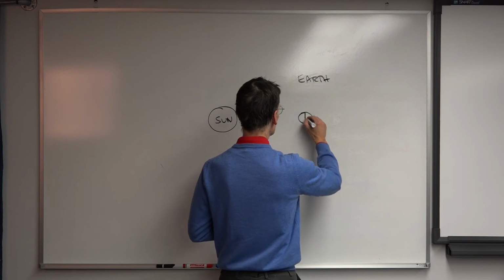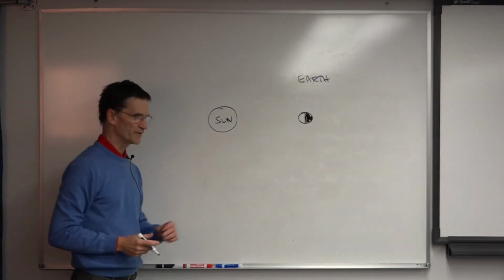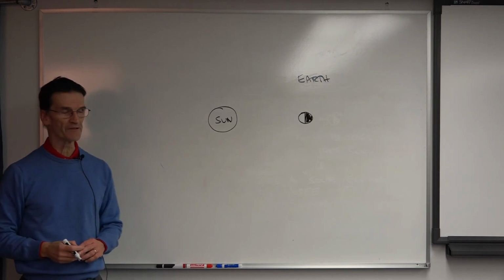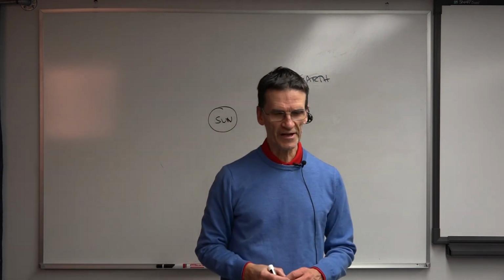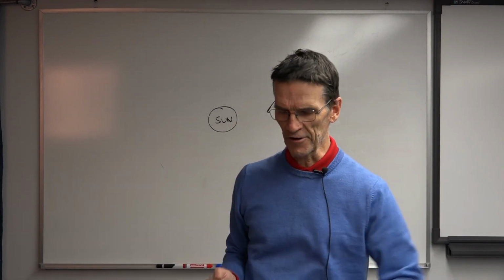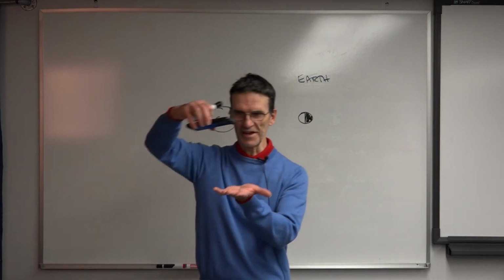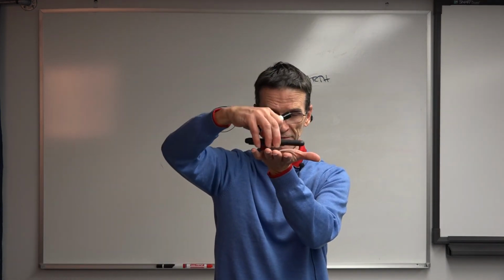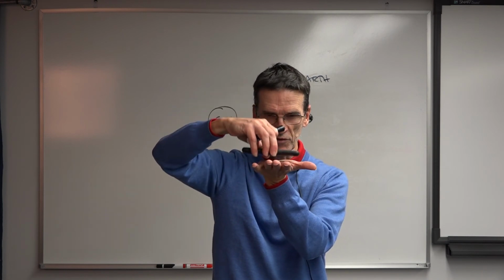Half the Earth is lit, half the Earth is dark, because half of the Earth is facing away from the sun. Now, earlier I said we don't really have to be concerned about the Earth's shadow. Just like I said, you don't have to be concerned about my phone's shadow on my hand. I mean, there's a little bit of a shadow, but it's not totally dark there.